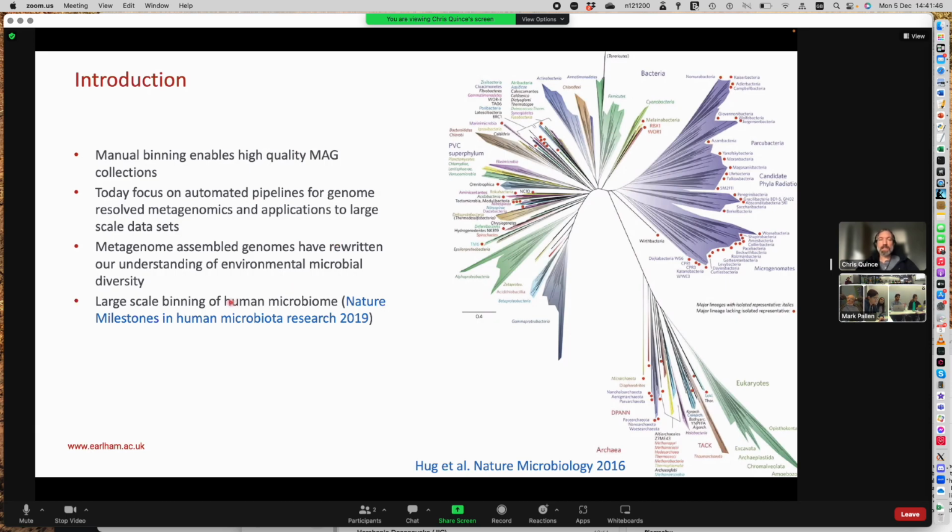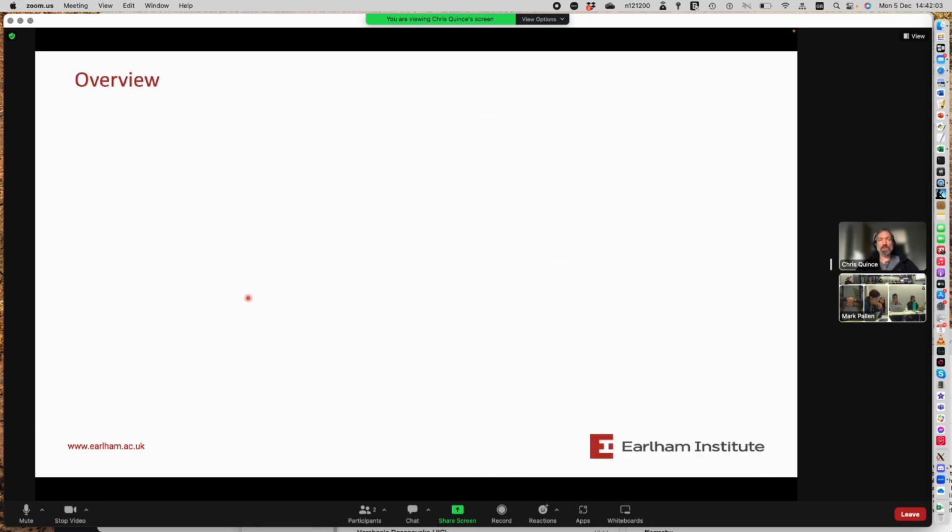And again, as I mentioned at the start of the other talk, this has been labelled as one of the milestones in human microbiota research, in the context of generating large-scale binning collections from the human microbiome. And I might talk about one of those tomorrow. Okay. But before we talk about binning, I'm going to talk a bit about metagenomics assembly, because that is the first step before binning, and it sort of explains why we need binning.